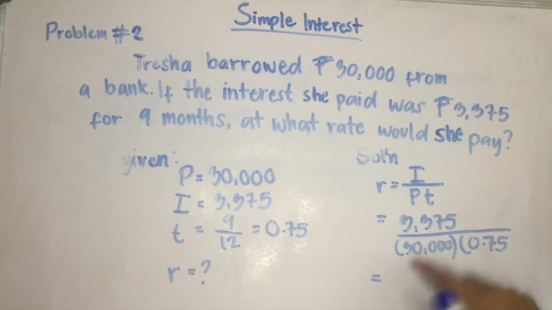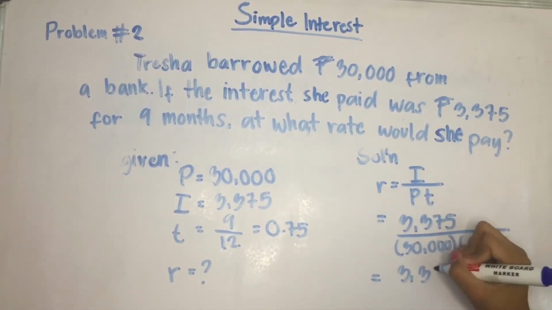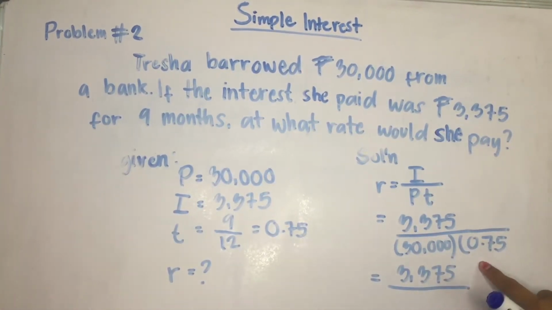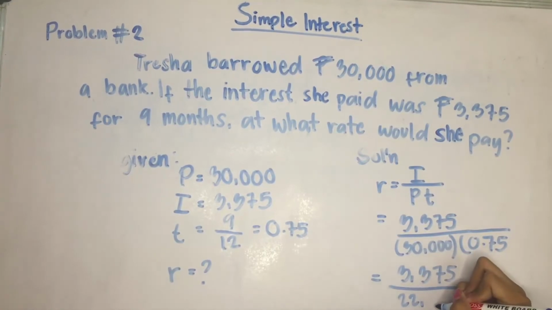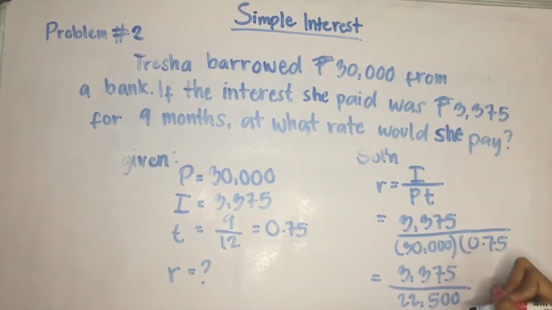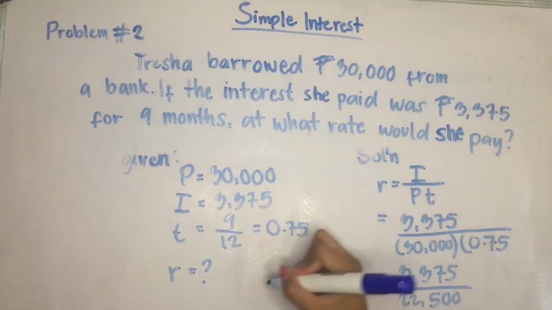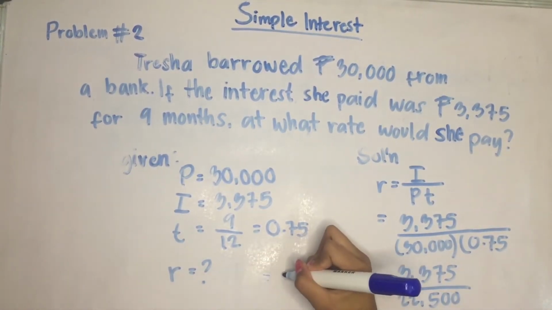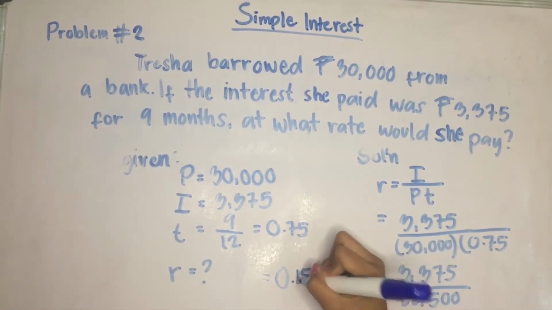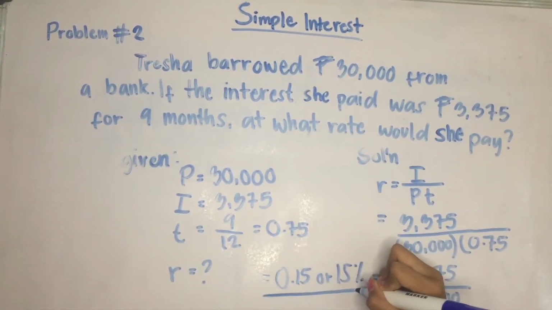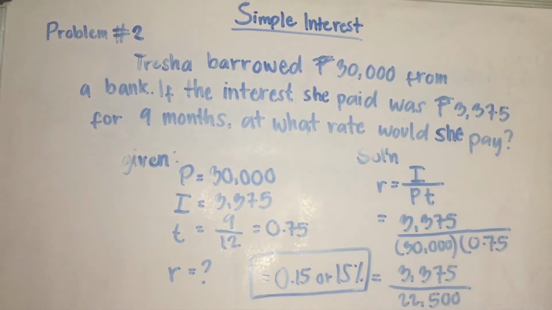So, first we do the principal times time. Copy the interest, which is 3,375, and then 30,000 times 0.75 is 22,500. So, 3,375 divided by 22,500 is equal to 0.15 or 15%. Therefore, the rate that Trisha will pay is 15%.